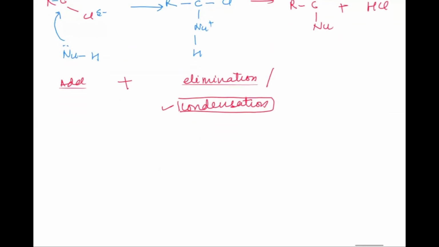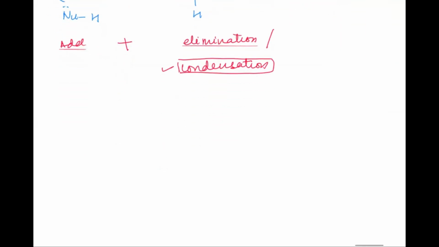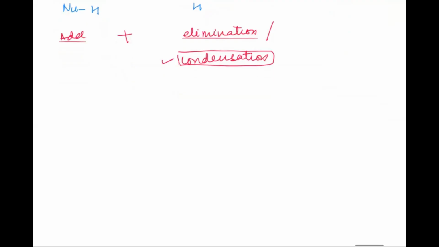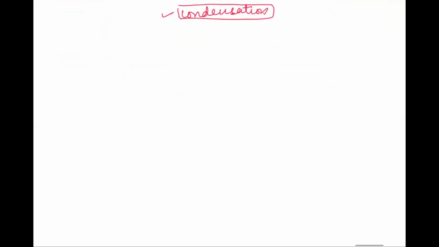Okay, now let's take a specific example. Let me show you the hydrolysis, how the hydrolysis takes place and how the carboxylic acid is reformed on the basis of hydrolysis.